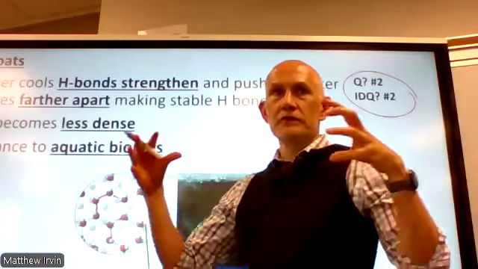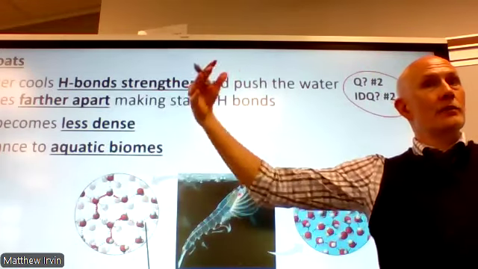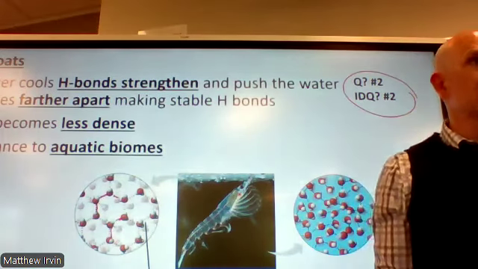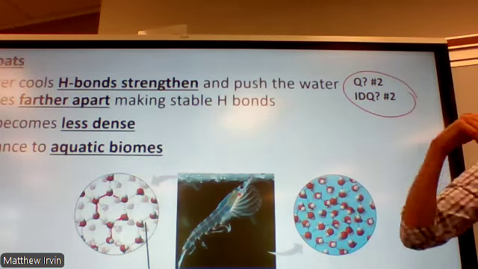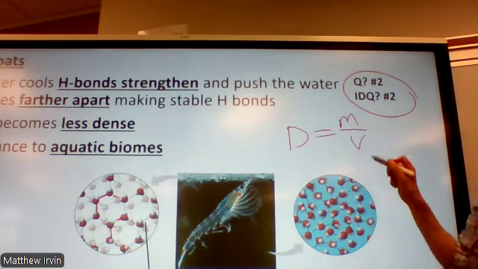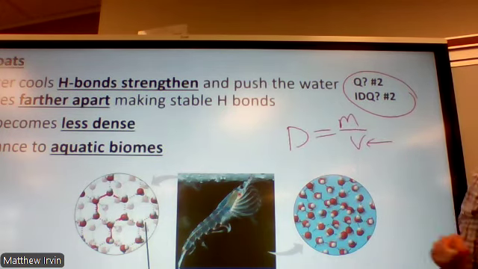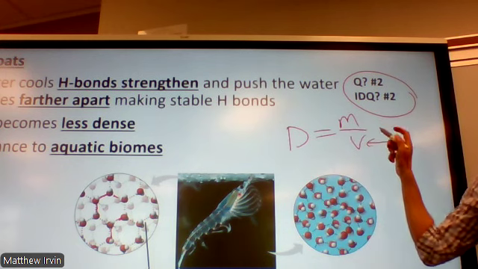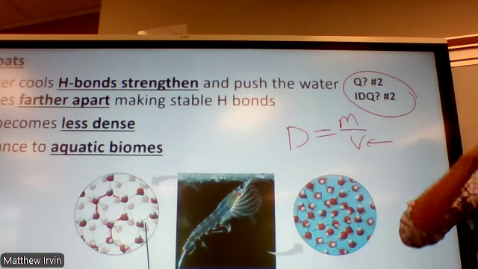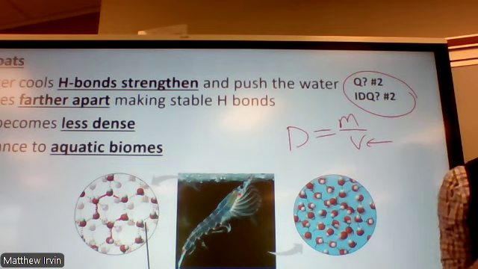Because the water molecules are forced apart, they take up more space, but they have the same mass, so greater volume. If I increase my volume, but I maintain the mass, then my density is going to go down. So therefore, ice is going to float.